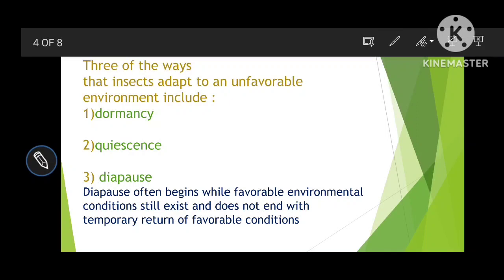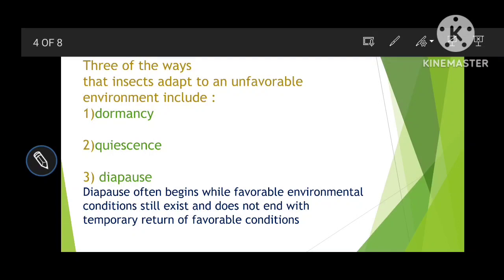Because insects sense and apparently measure predictably changing environments such as approaching winter, they prepare for diapause well before conditions become unfavorable for continuing activity and development, and often continue diapause for some time even after favorable environmental conditions return. Once entered, diapause typically continues for months and in a few cases for a year or more.